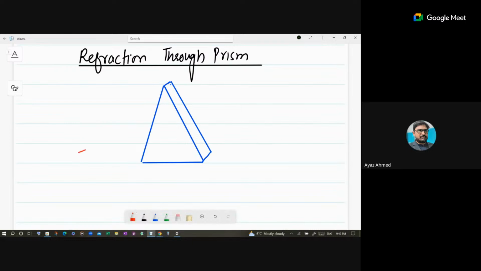When we incident a monochromatic light on it, that light bends, and then when it leaves this surface, it bends again. So this is a way that prism bends the light continuously.